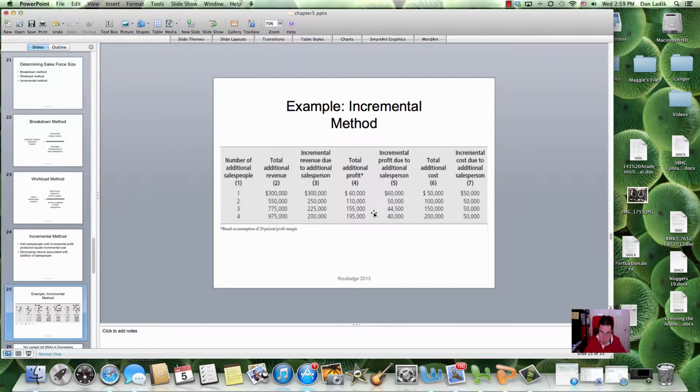The change between these are getting smaller, as indicated by this. You can almost see that 4 might have been too much, because each time you add a salesperson, it's an additional cost of $50,000. So every time you add a salesperson, you're adding $50,000. Well, did we get enough profit to cover the salesperson? Here, no, here, no. So really, somewhere between 2 and 3. You would probably stop at 2.